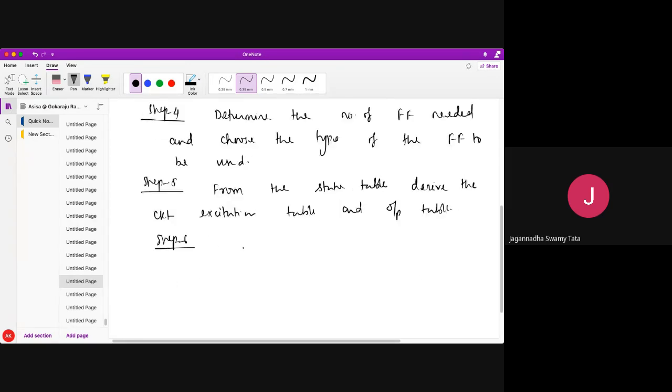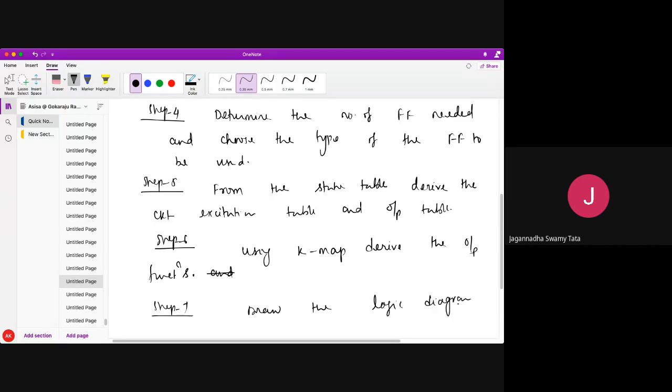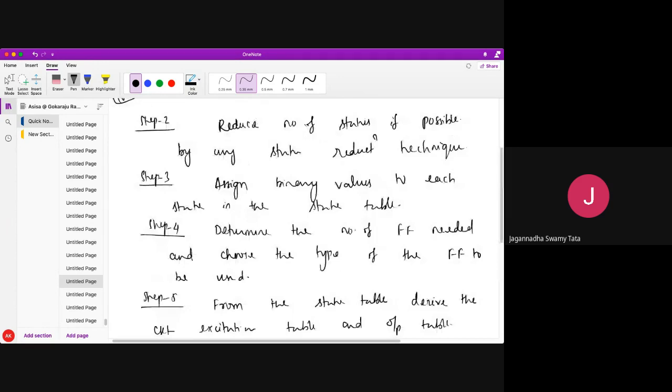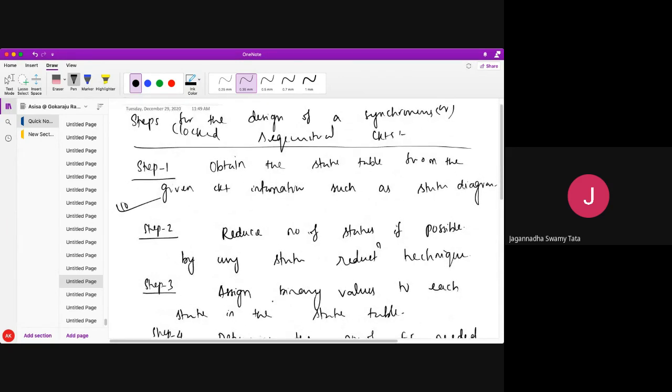Step 6 is using K-map, derive the flip-flop input functions and output functions. Next, step 7. Draw the logic diagram. Okay, logic diagram. So these are the 7 steps you have to follow to design any synchronous clocked sequential circuit.